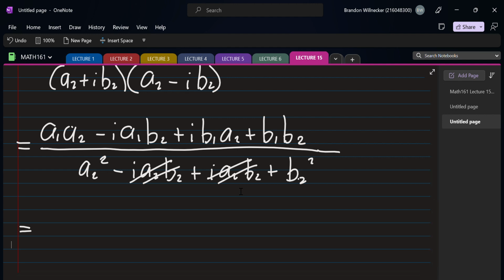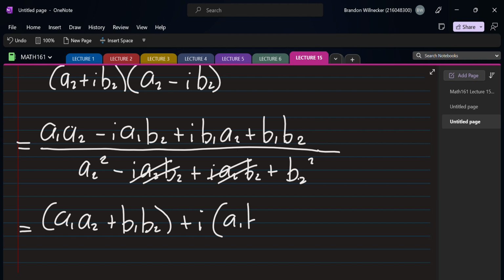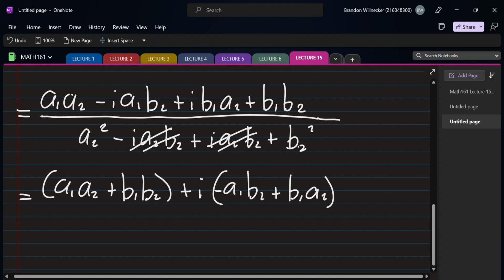Now, as for the numerator, we can do what we had done before. We can collect the real parts together, a1 a2 plus b1 b2, plus i times, and we can collect the imaginary parts together, a1 b2, the minus from the minus i, plus b1 a2.